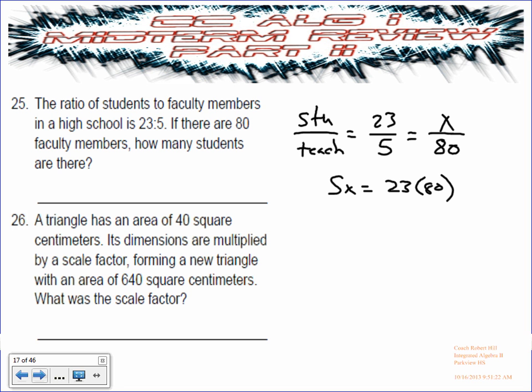Then what will you do to solve it? Multiply. Divide by 5. Okay. You'll multiply by 80, so 23 times 80, whatever that is, divided by 5.